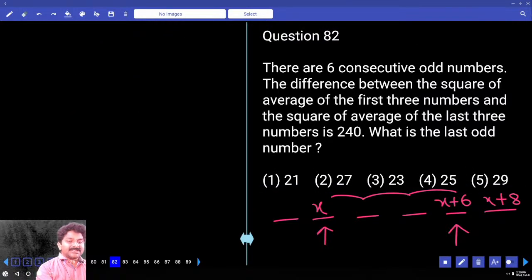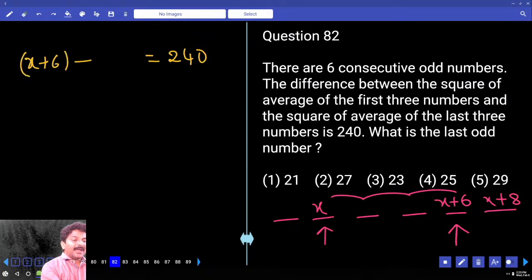Now the question says 240 is the difference between square of average of first 3 numbers and then last 3 numbers. If we expand x plus 6 whole square, x square is the first term that you get. That can be cancelled with minus x square. Come on.